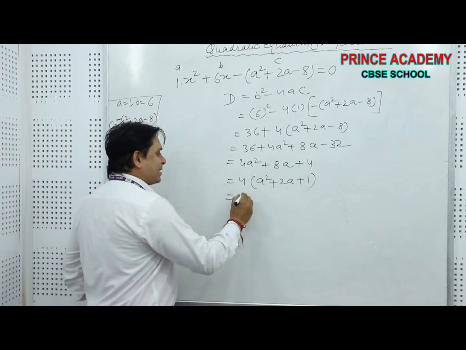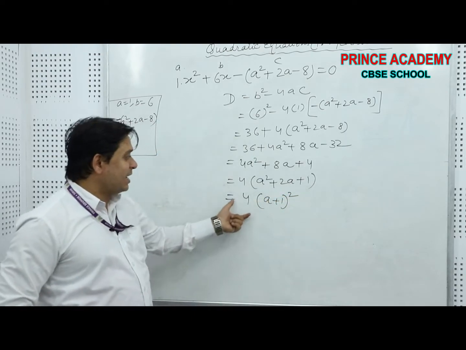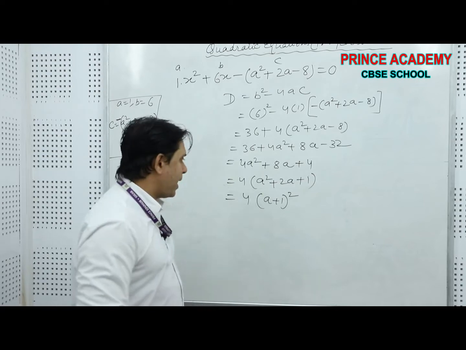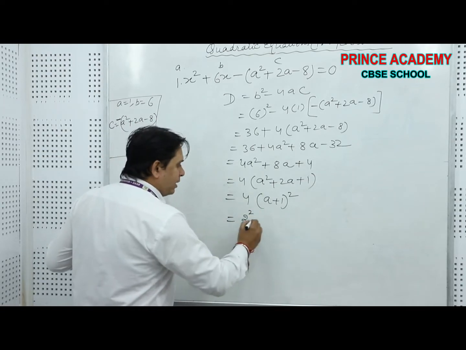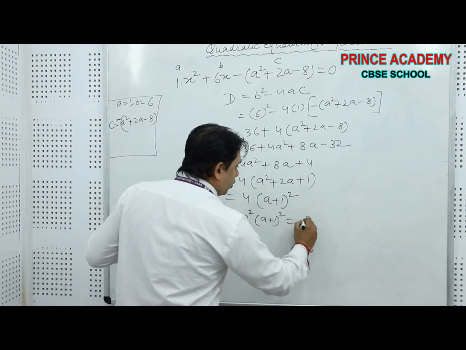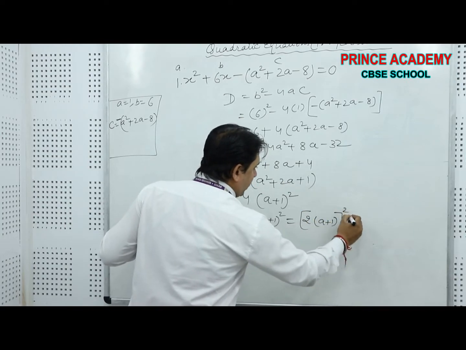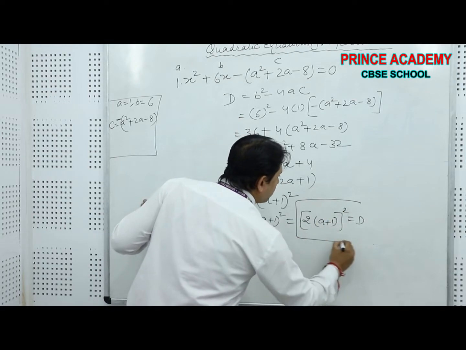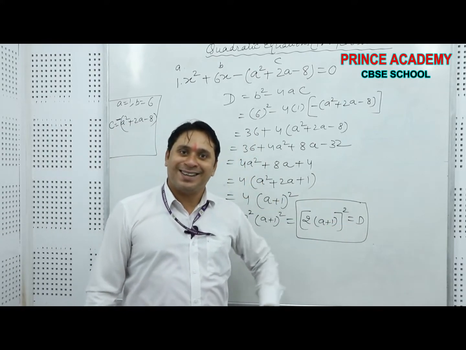And what is this, guys? (a plus 1) whole square. Yes or no? And if you write 4 as 2 square and this is (a plus 1) whole square, can I write 2 into (a plus 1) whole square is the discriminant? Yes or no? 2 into (a plus 1) whole square is the discriminant.